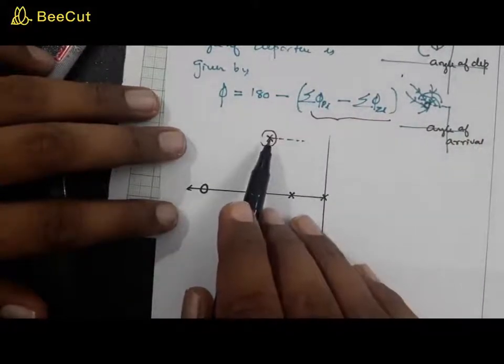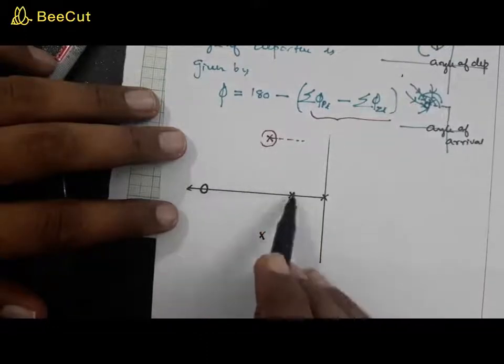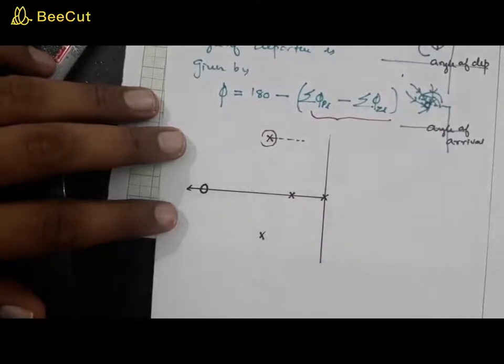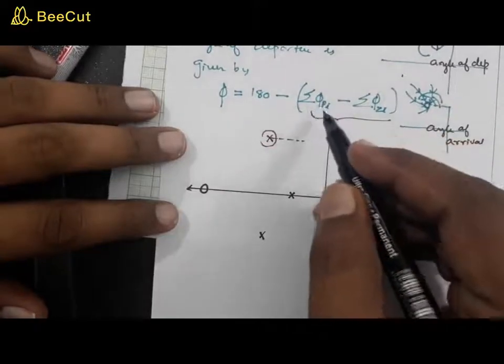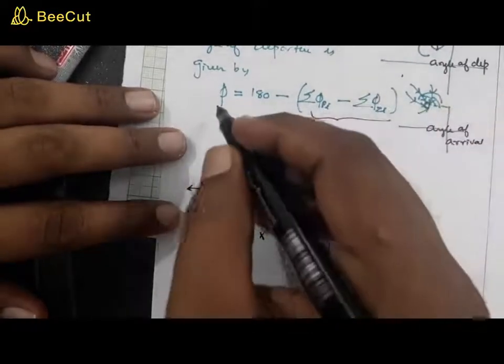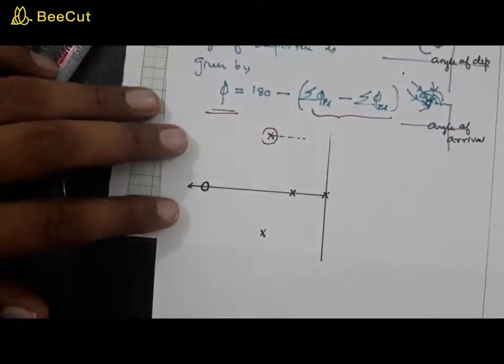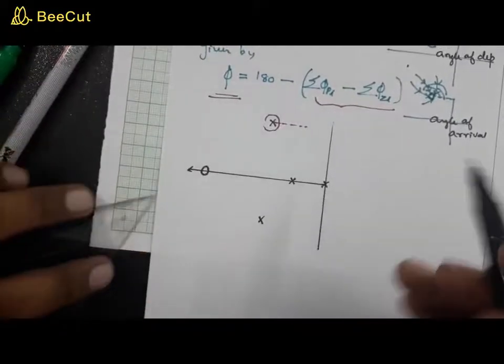That is the angle subtended by the other poles and zeros, other than this one, to this particular pole. If you get those angles, take the sum and put it into this equation, you will get the angle of departure. Now how to calculate that? This is a zero, this one is a pole, right?